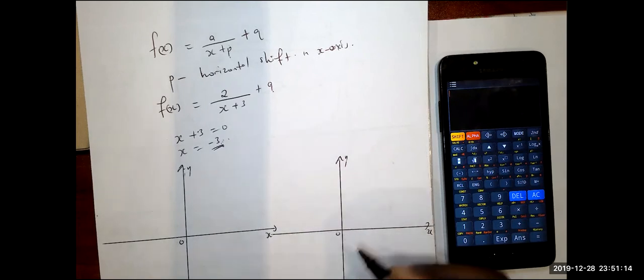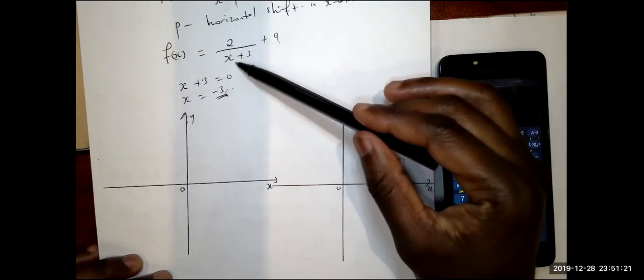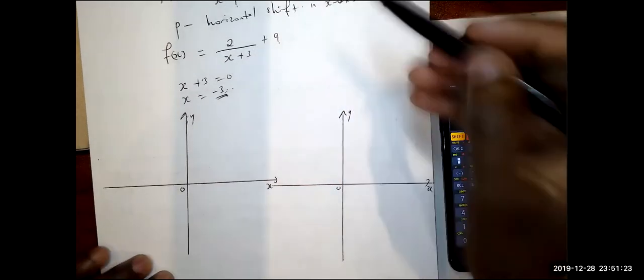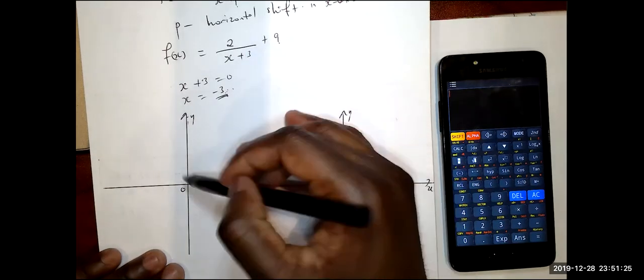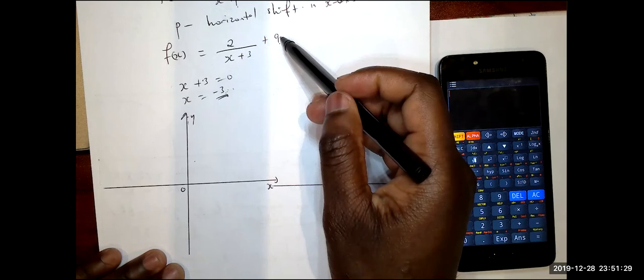I'm doing this, and you must also be doing that when you are sketching anything. So now remember, what did we say here? We know the general graph; I'm just going to draw here 2 over x plus 9.